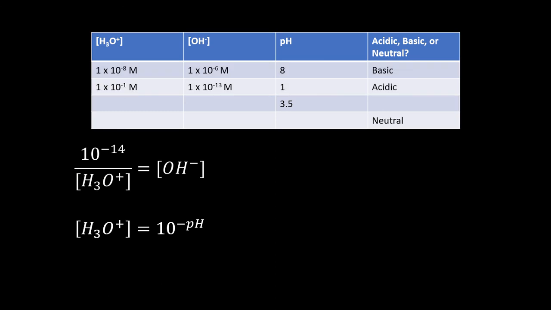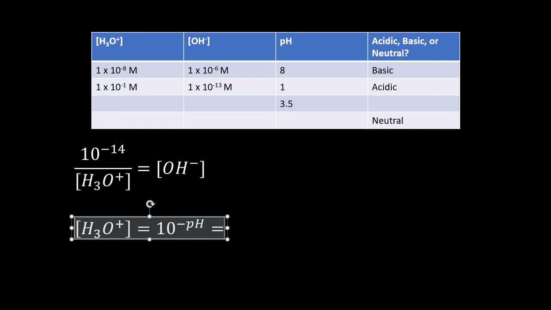Now the following row, the third row, we only know what the pH is, but that's all right. One of the formulas we had was for solving for hydronium ion concentration if you already know the pH, which in this case is our lower formula down here. To solve for the hydronium ion concentration, we just need to take 10 raised to the negative pH.